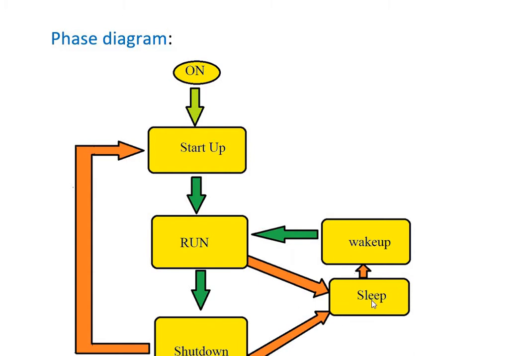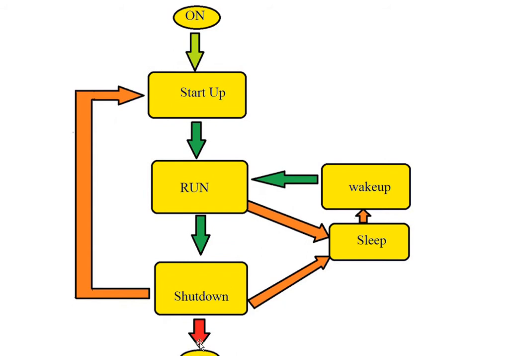From sleep state it should come out and go to the wake up state, and from the wake up state it can again go to the run state. From the shutdown state, it can go to the ECU off state or again to the startup state. Now we can see detailed information about each state.